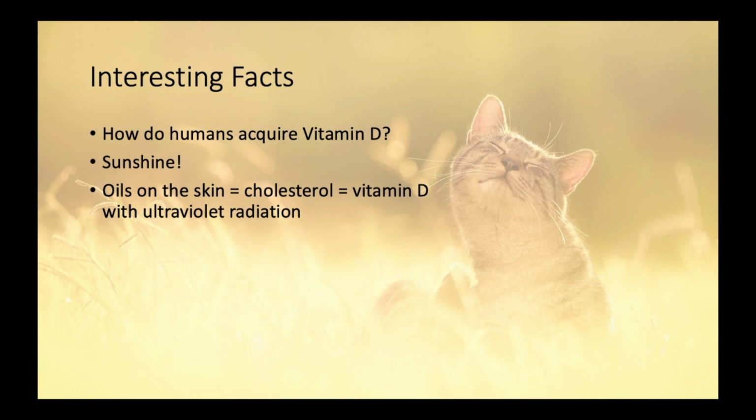The radiation breaks some chemical bonds in the oil so that it forms a different molecule. It is then absorbed back into the skin and enters the bloodstream. So that is vitamin D. Once those cholesterol molecules are broken down with ultraviolet radiation, they become vitamin D, which is then reabsorbed through our skin back into our bloodstream. Isn't that crazy? I find that really neat.